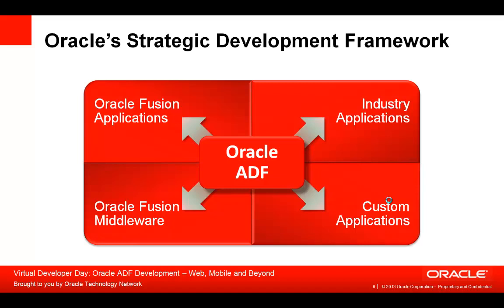We use Oracle ADF to build industry-specific applications in various lines of business, and also to build various custom applications. So Oracle ADF is a base framework for Oracle for developing our enterprise applications, and of course we offer it to a lot of our customers and they pick it up and are able to build their own custom applications.